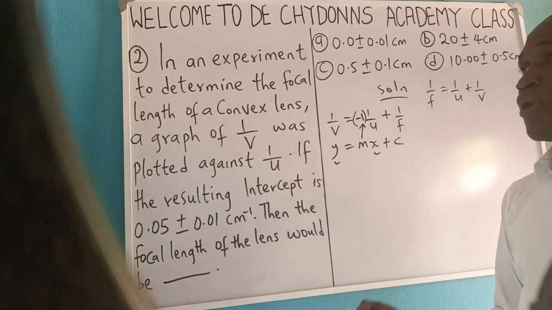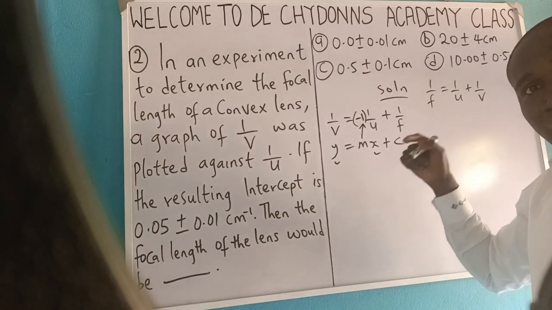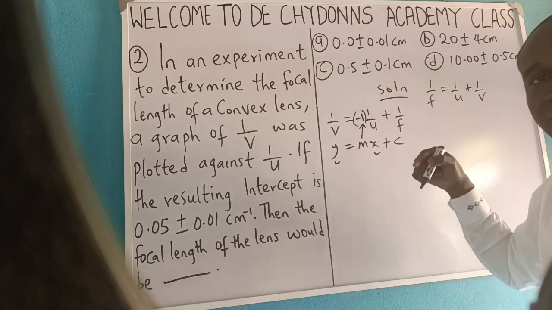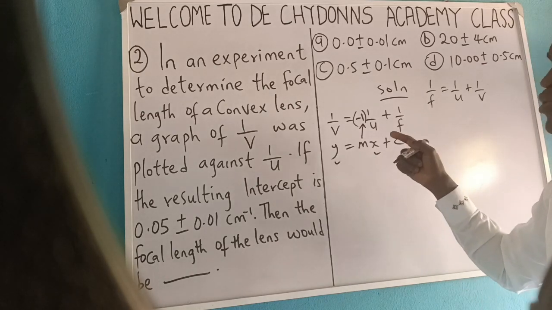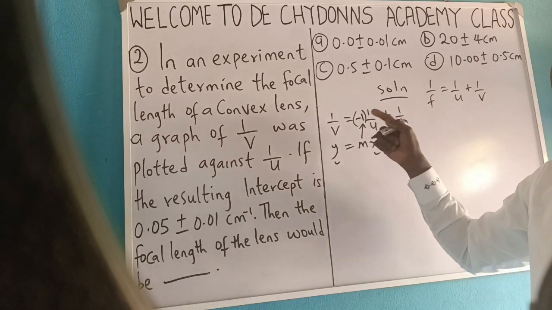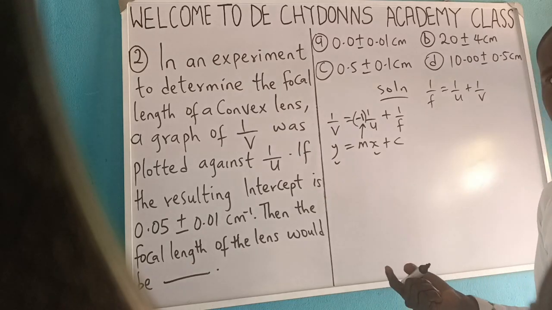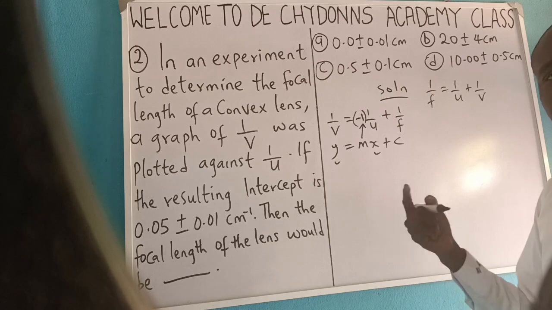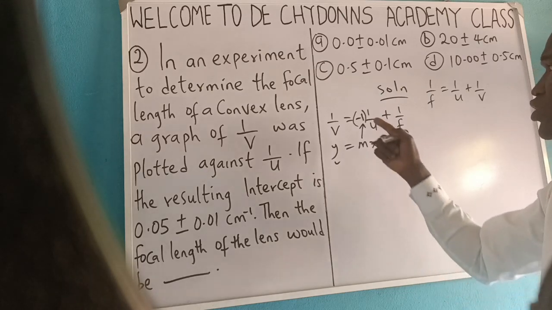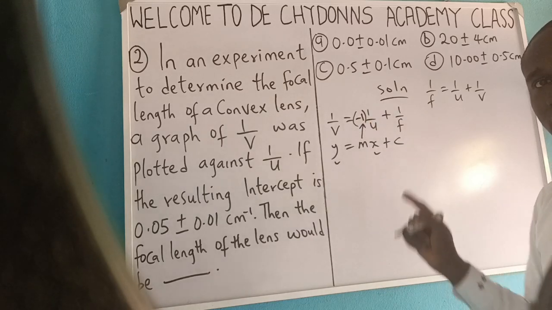But when he performs the experiment itself, what he gets as the slope is called the experimental slope, because his slope will slightly vary from minus 1 or might be equal to minus 1 depending on the error encountered during the experiment. But if the person performs it perfectly well, the slope will be minus 1. That is what it's telling you here.